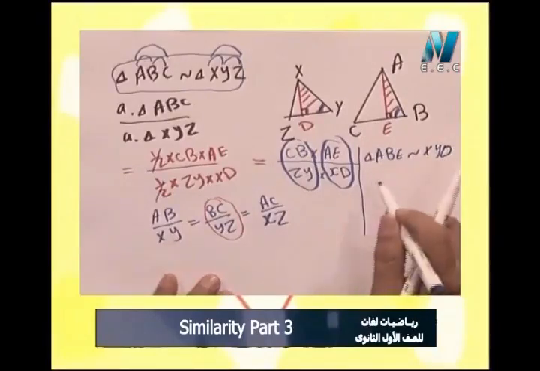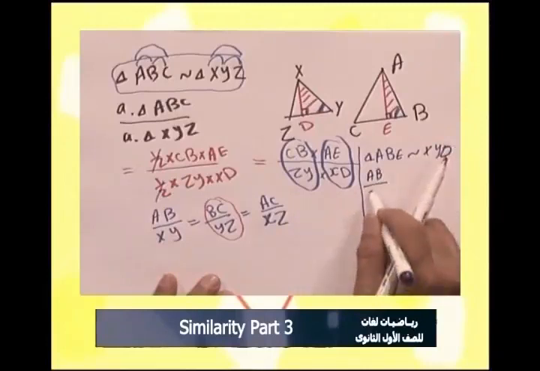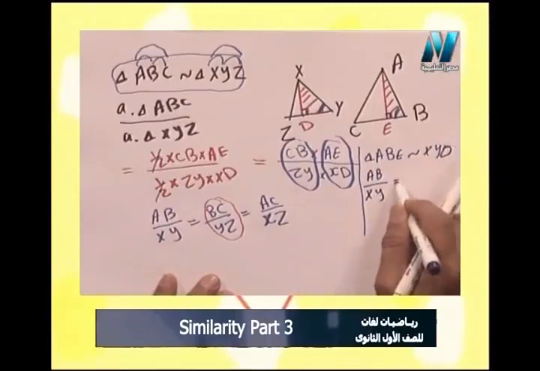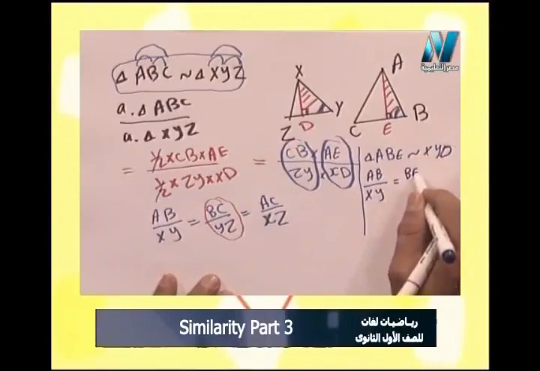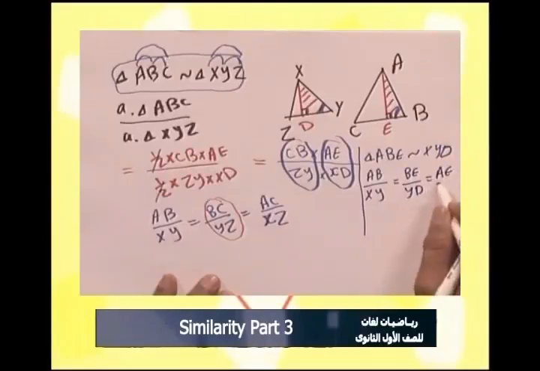And we can write AB over XY equals BE over YD equals AE over XD.